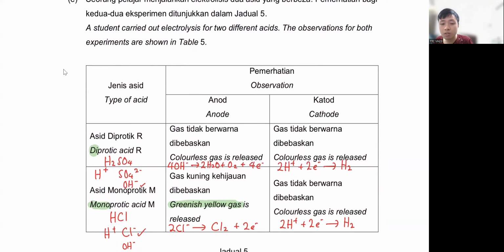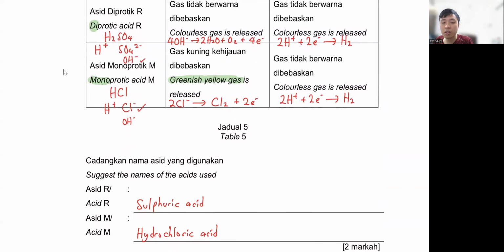Name the gas, very simple: the gas is oxygen for sulfuric acid and chlorine for hydrochloric acid. Just in case they ask you for the equation, you have to know how to choose. Basically, this one may be more concentrated, that's why they choose this gas coming up, Cl2.